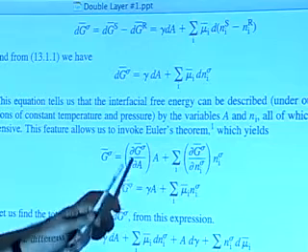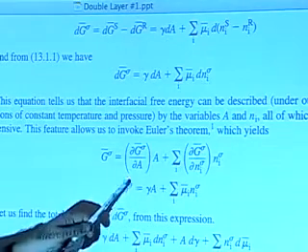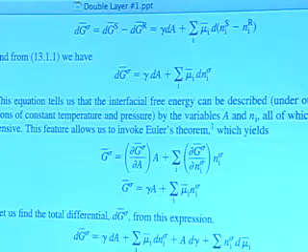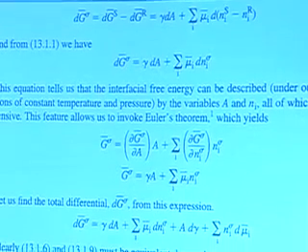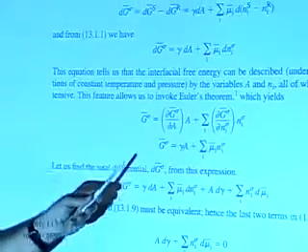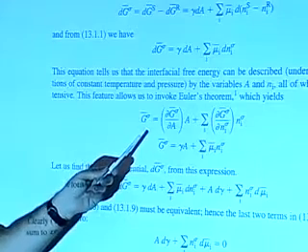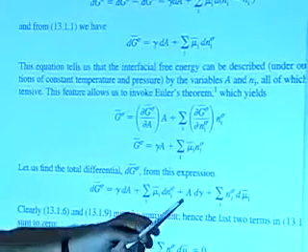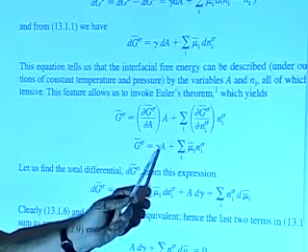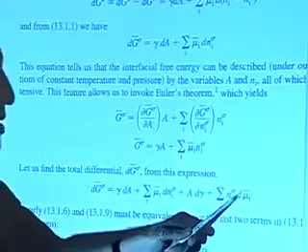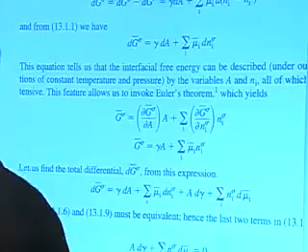Since this is a surface tension, this is equivalent to saying that this is G^σ equals the surface tension times the area plus the sum of the electrochemical potentials times the surface excesses of all the species. We can take this and find the differential from this statement of truth, because this must be the case for any such function G. Then this means that dG^σ must be that plus that, and then take the derivative of the other term, A dγ, and the derivative of the other term here, the change in electrochemical potential times the N_i's.